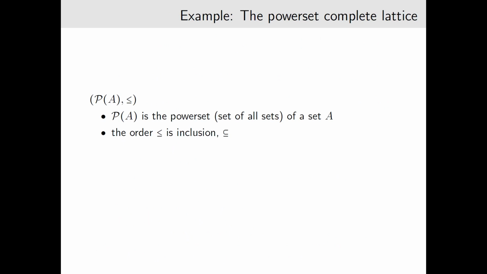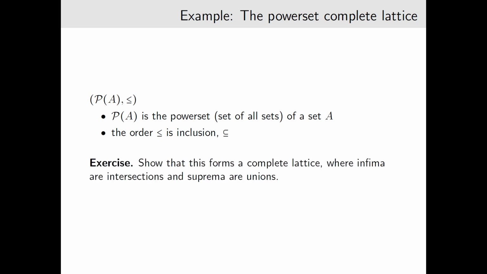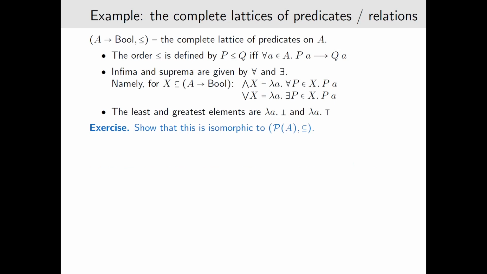Okay, so examples. The standard example again, the power set, right? The power set forms a complete lattice with inclusion. Similarly, isomorphically to the power set, we have the set of predicates. This is actually more useful. It's more intuitive to work with predicates when you define things inductively than to work with sets.